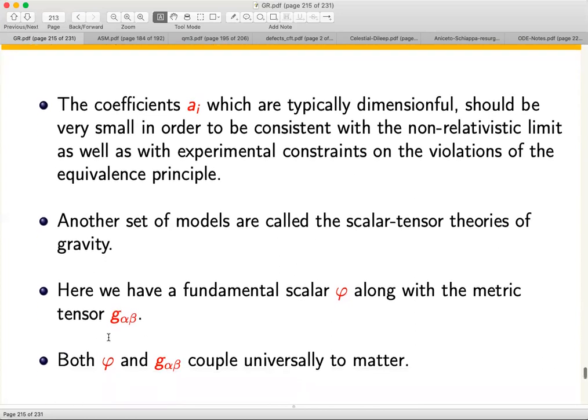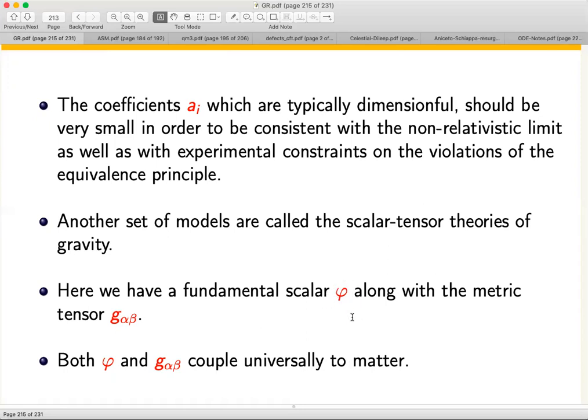Because not only G alpha beta, but phi also couples universally to matter. So phi is not like matter, in the sense that phi couples to gravity and maybe some other fields. It's not like that. The way G couples universally to all matter, phi also couples universally to all matter. Therefore, if you want to do a fifth force experiment, one of the candidates is this scalar field that you could be looking for.